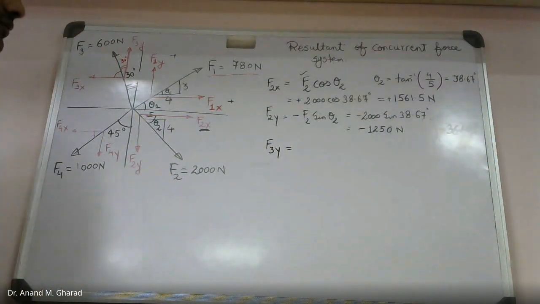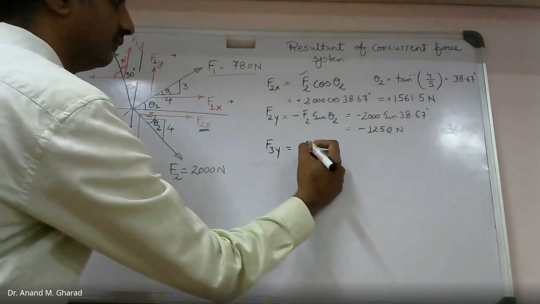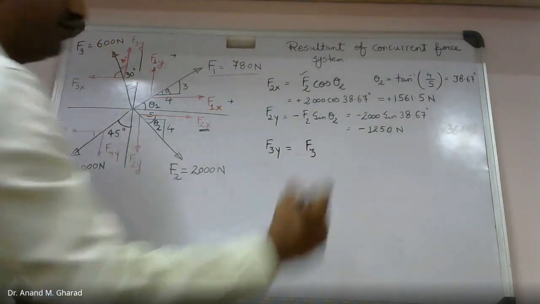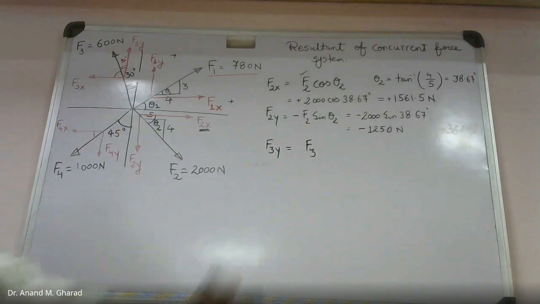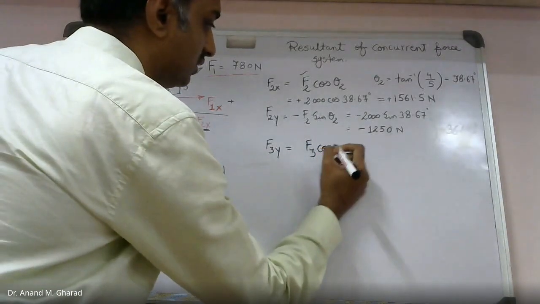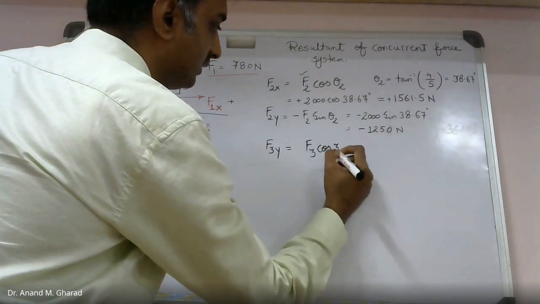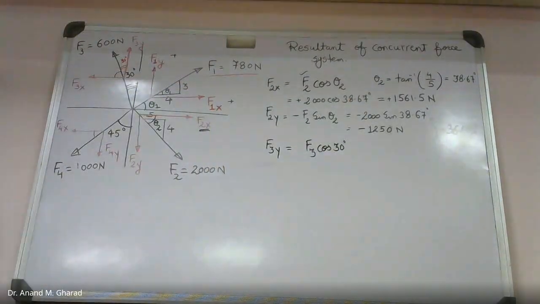So if this is 30 degrees and I want to expand the equation for F3y, what should I write? F3 into what? Cos component or sin component? Yes, it will be cos. So F3 cos 30 degrees.